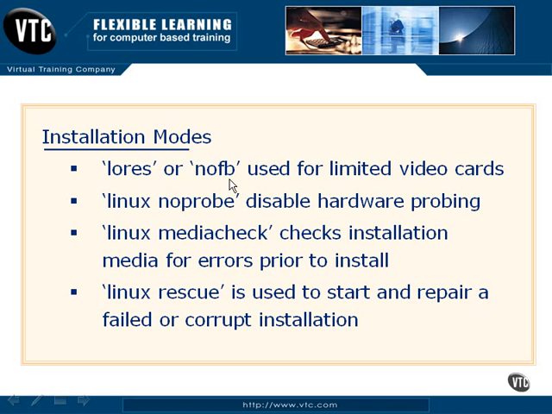In addition, Linux no-probe will allow you the functionality of not even looking for hardware. That may sound like a bad thing, but if you're using non-standard hardware, such as very old SCSI controllers or maybe extremely old graphical adapters, then it's possible that you would go in and install those hardware components manually by using alternate drivers. So this would allow you that functionality.